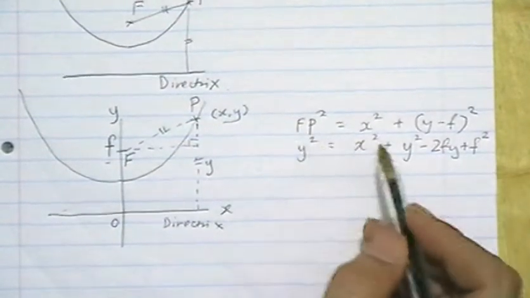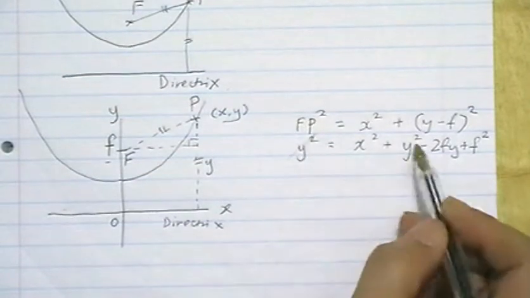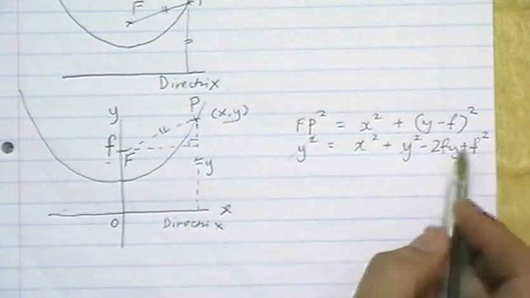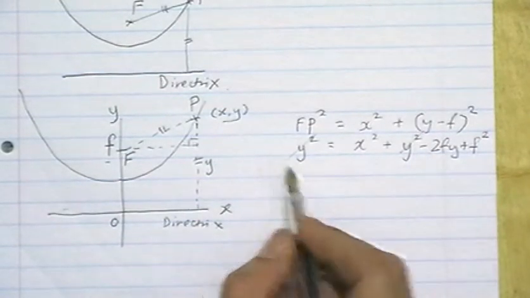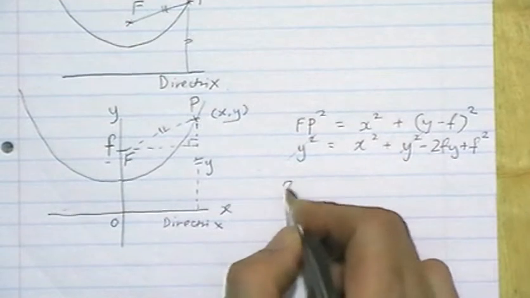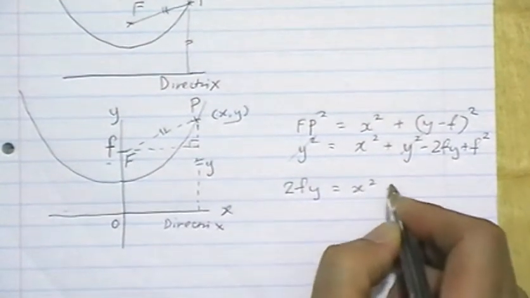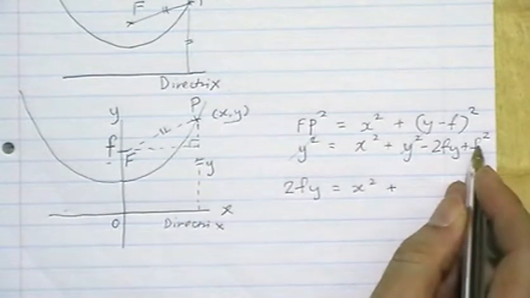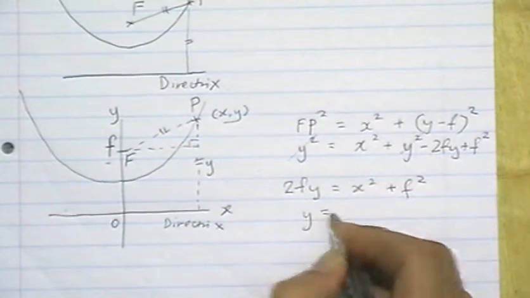Now we find that I have y squared on both sides, so they cancel. Let me then bring this over to the other side. I'll get 2fy equals x squared plus f squared.